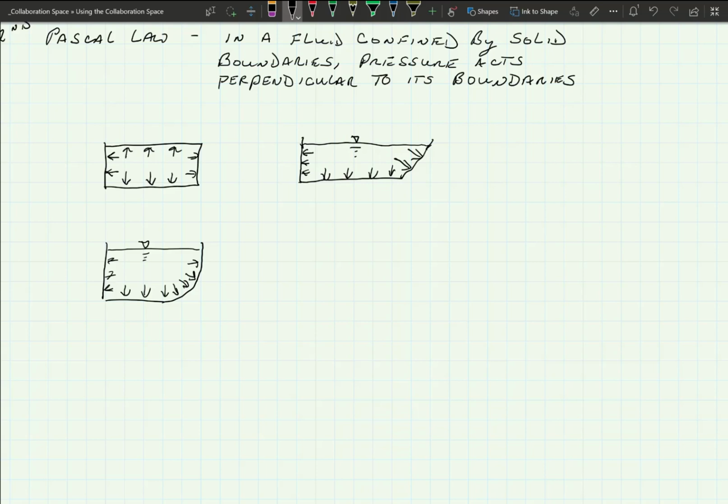Okay. We're looking at an infinitely small particle on that surface that force acts on. Okay. And it'll be perpendicular to that. Okay. Now, the one we really like to play with in civil is this.